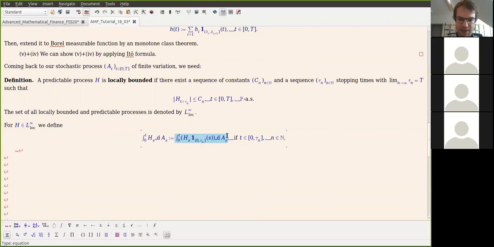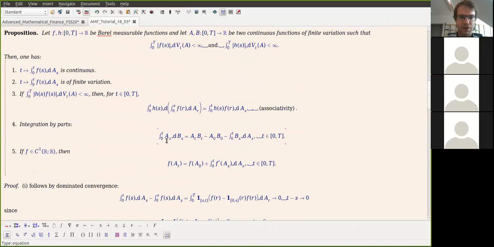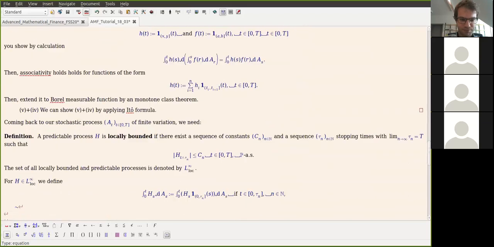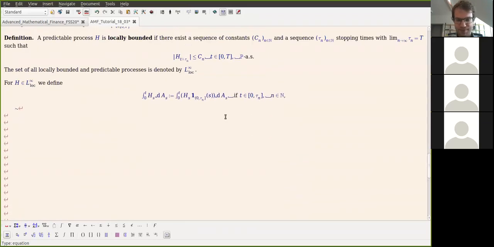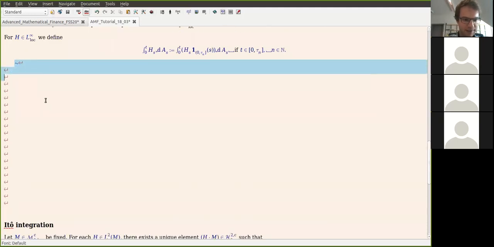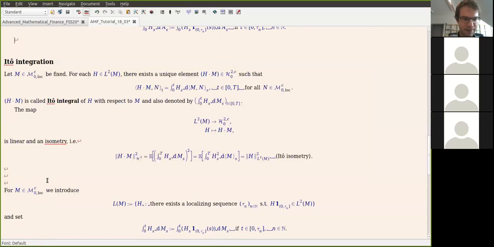So that's the Lebesgue-Stieltjes integral we wanted to define for these processes, for the general integration theory of continuous semimartingales. Right. This is the first ingredient, which I somehow always just used without properly going through it. But now you have it.